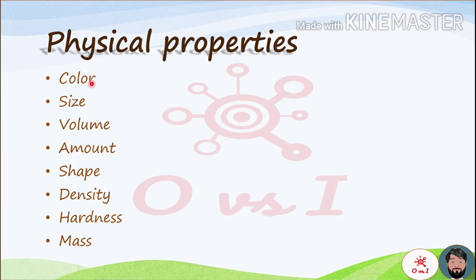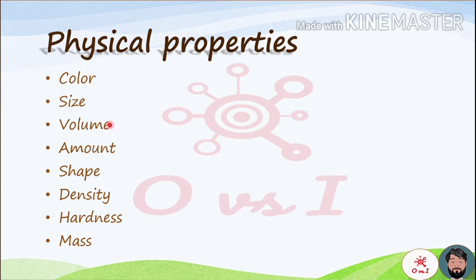It is not different in its composition. Size, for example, you pick a wood of 1 kg and you pick a piece of wood of half kg, this will remain wood, not any other thing. So that's the physical property.